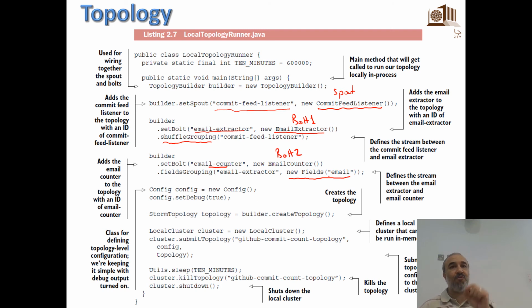Email is a field within the stream that is emitted by bolt 1. So you will remember that in email extractor you will see that we define the names of the fields. Okay, you will see email there. And that's it. That's the topology. So we will create the topology, and this will submit it. Okay, so that's defining the topology.